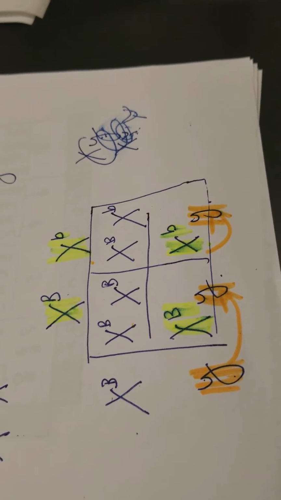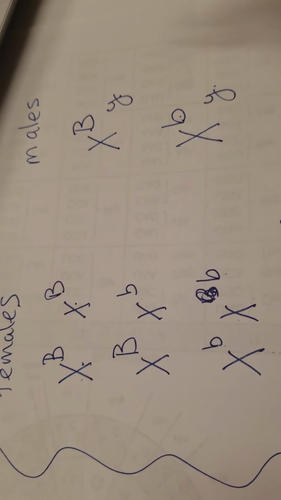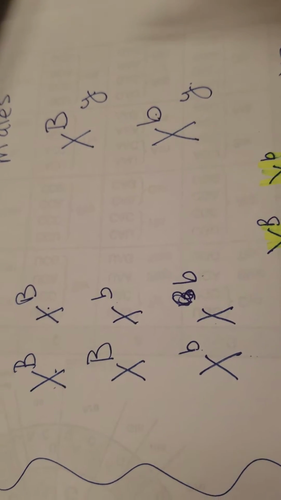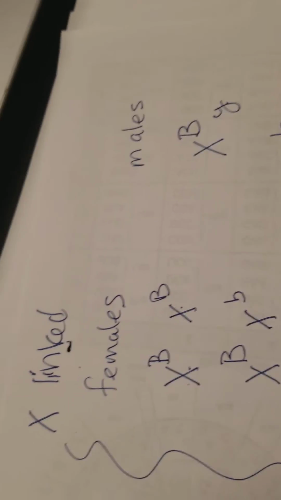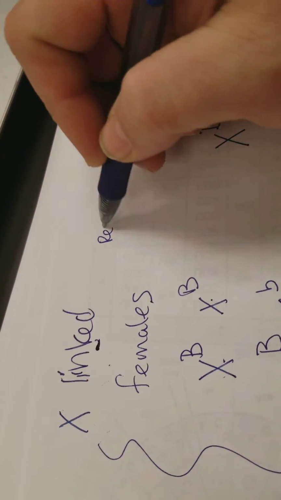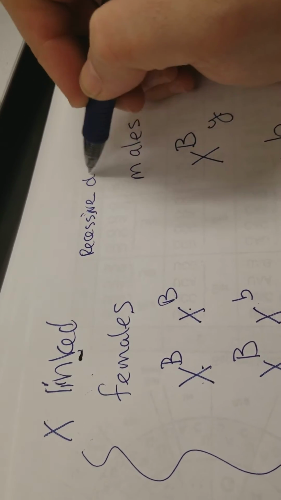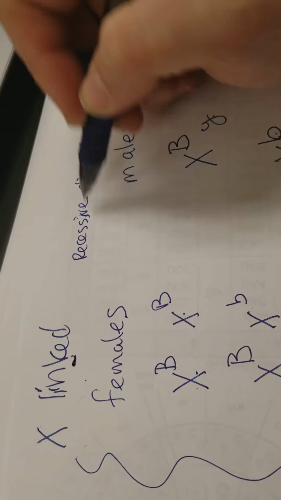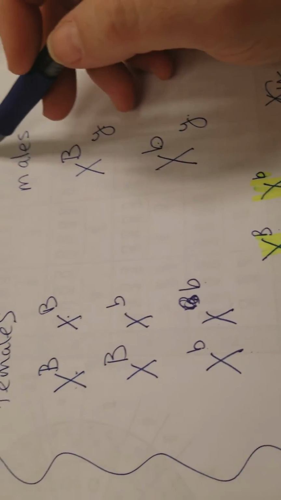Now, let's just add some terminology to these genotypes back up here. We should already know the word carrier. To be a carrier, you have to be heterozygous for a recessive disorder. By the way, most of these are recessive diseases. There's a few dominant versions of this, but we're going to focus just on the recessive diseases.